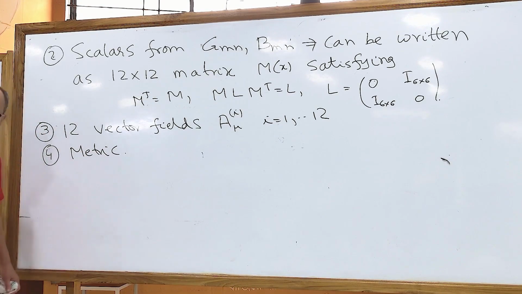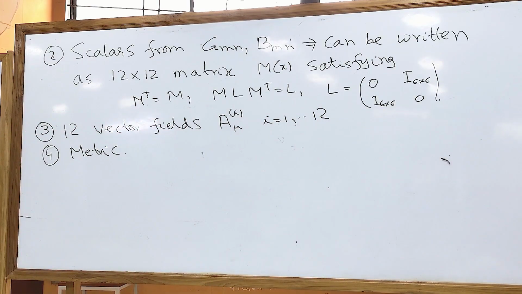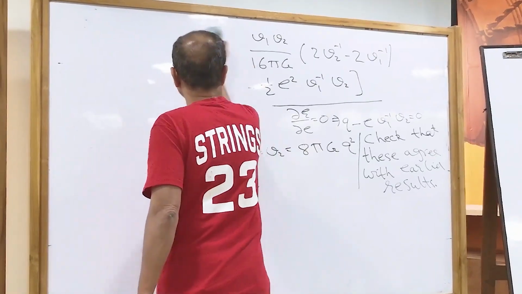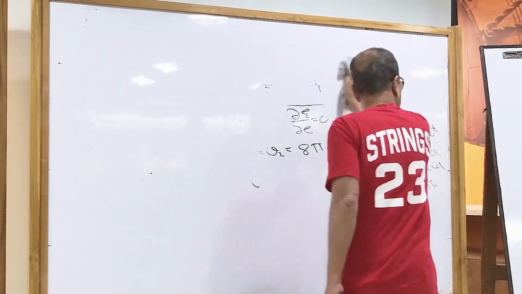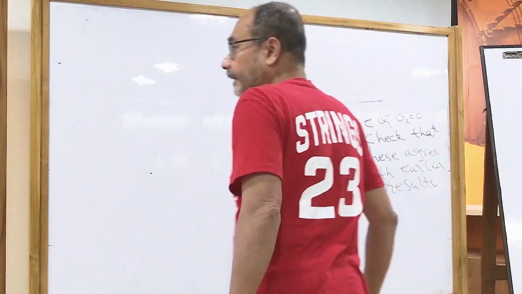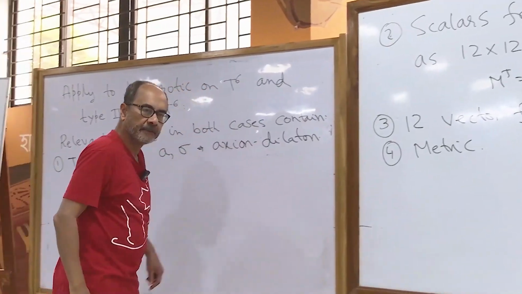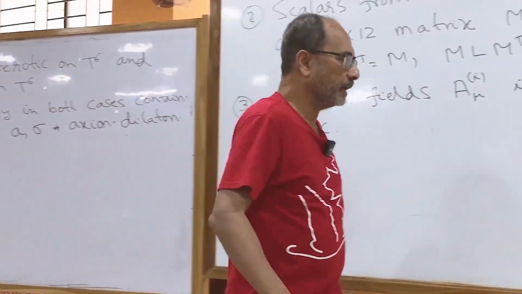So this is the field content. Sigma is basically the exponential of the dilaton field, and the axion comes from dualizing the two-form field in 4 dimensions.